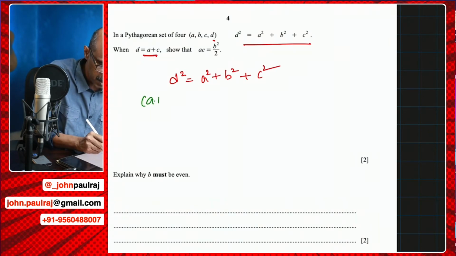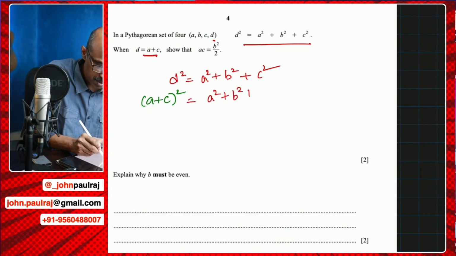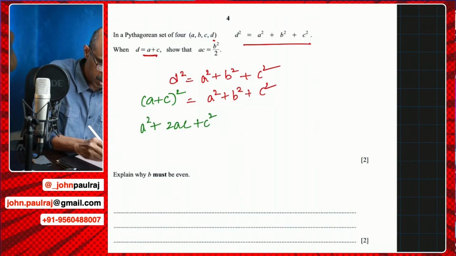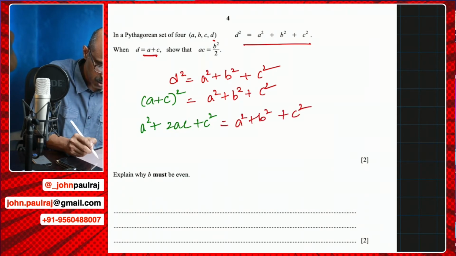So you have a plus c, the whole square, is equal to a square plus b square plus c square. And then when you expand this term, on the left-hand side, you should get a square plus 2ac plus c square, which should be equal to a square plus b square plus c square.